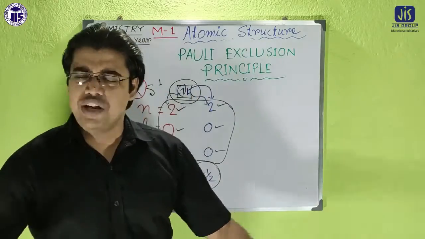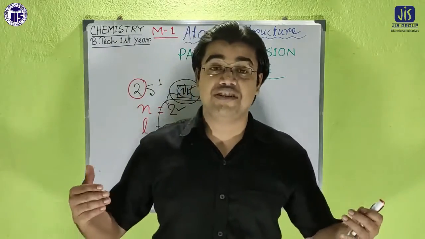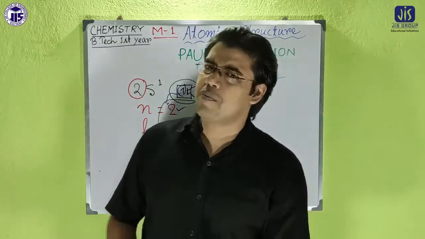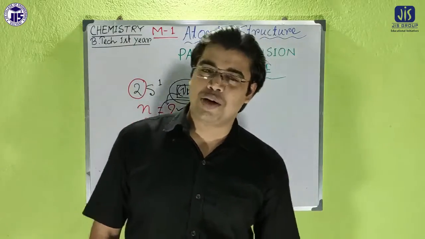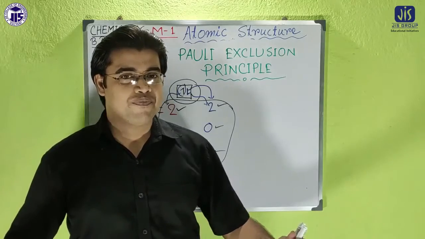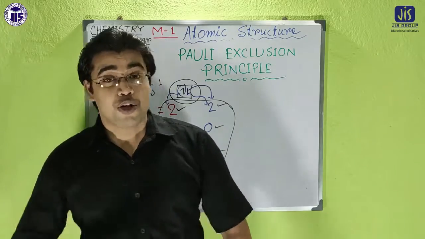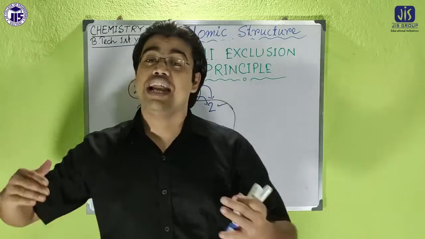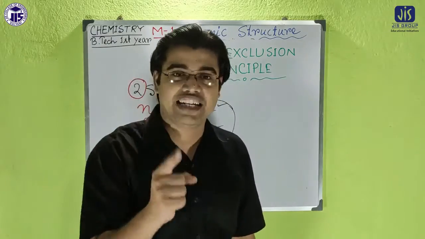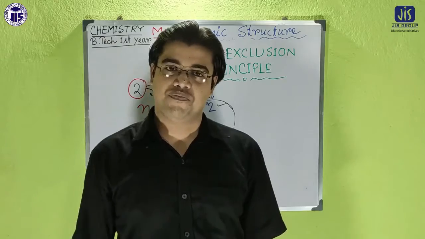So how can we write the statement of the Pauli Exclusion Principle, students? You can write the statement in this way: the 4 quantum numbers for any 2 electrons of a particular atom can never be the same.